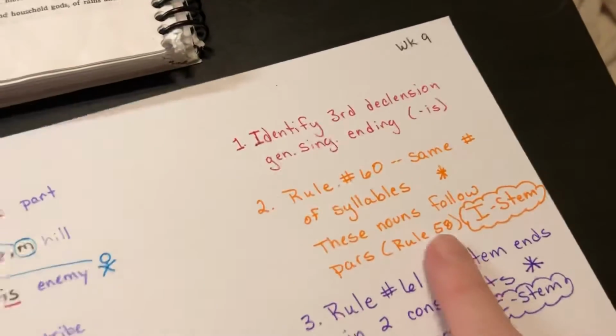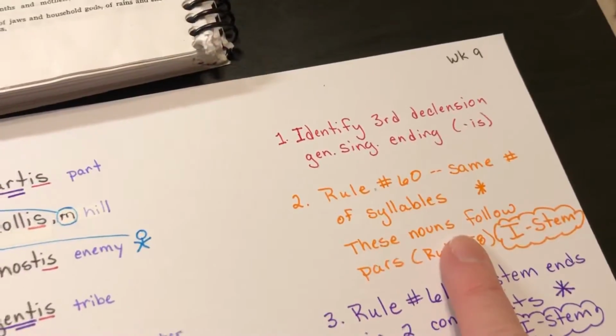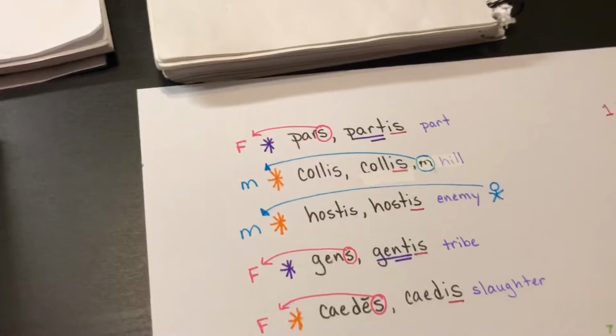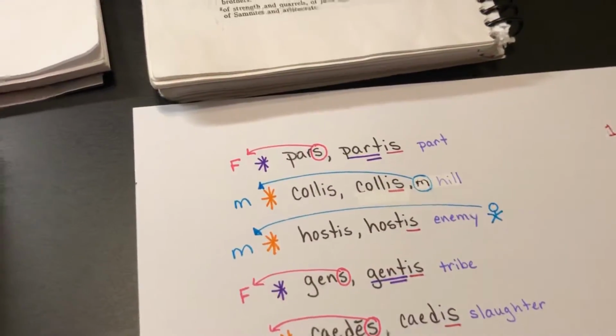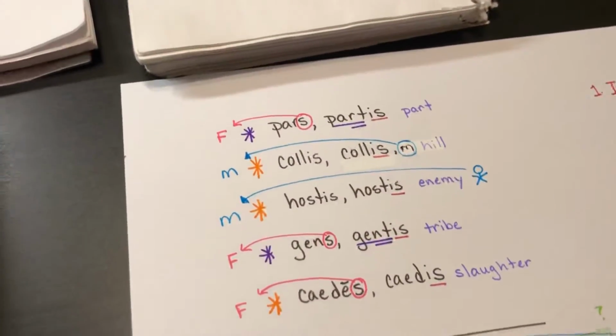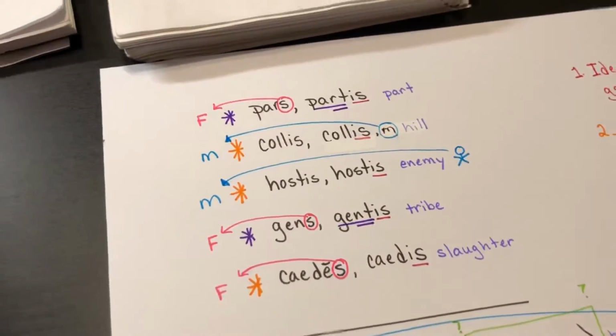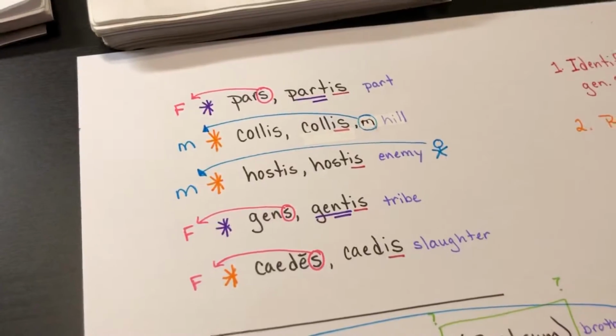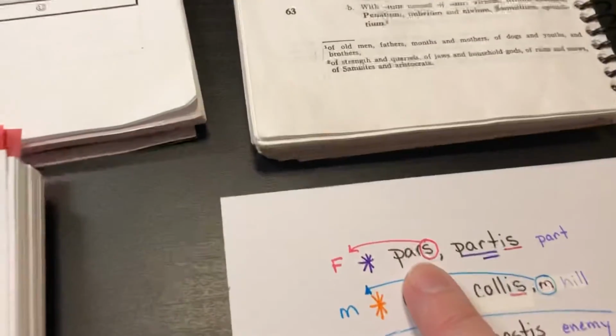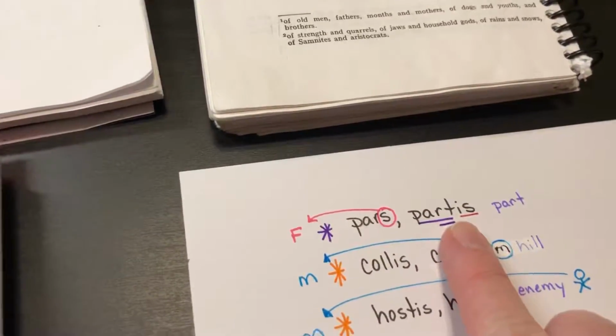So we said, well, let's walk through all of the nouns and see which ones follow this. It was kind of funny. We talked about how did you learn how to count syllables when you were a kid, and some kids clapped their hands, others snapped their fingers, some of them put their hands under their jaw and felt their jaw move up and down when they said the word. So we started here and we said pars, partis.